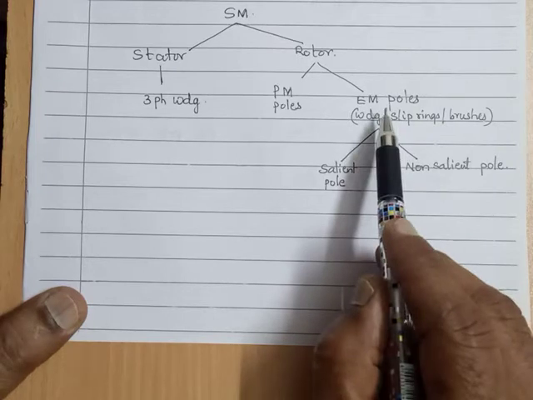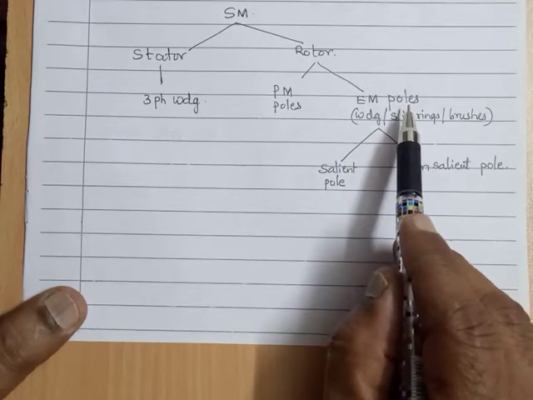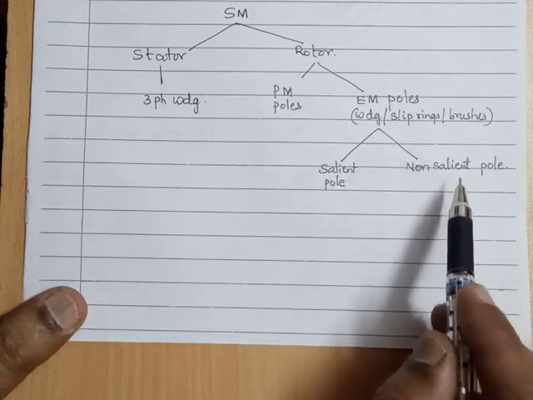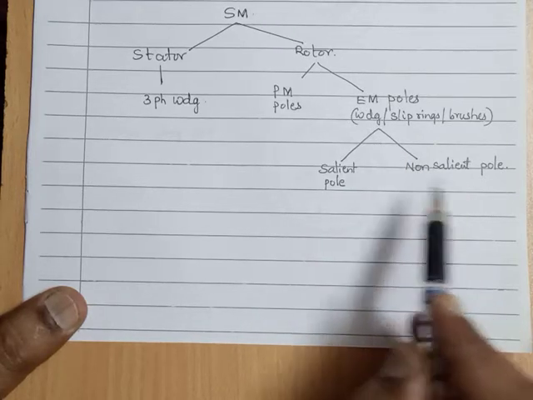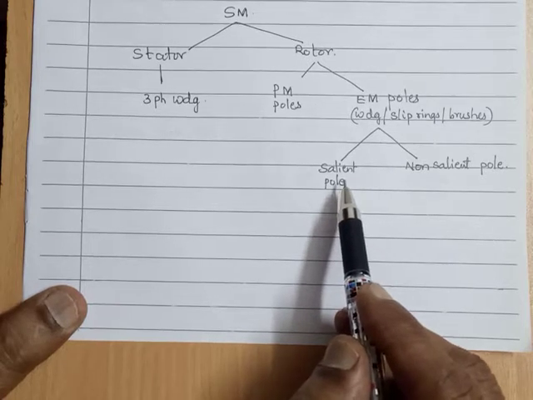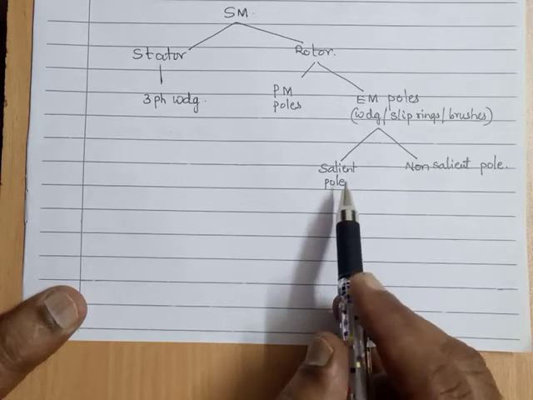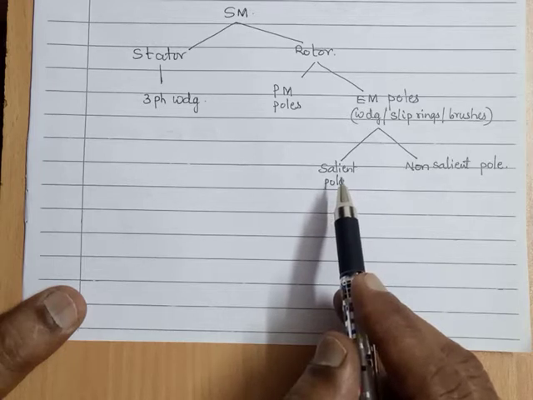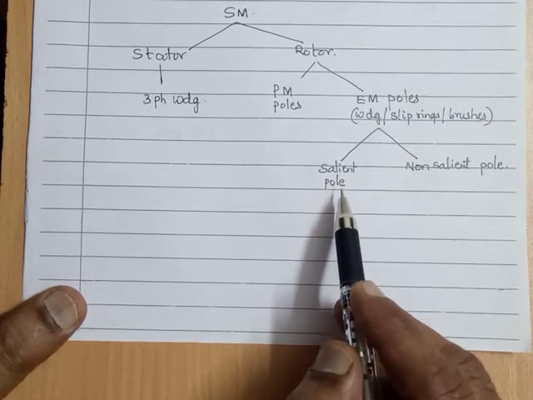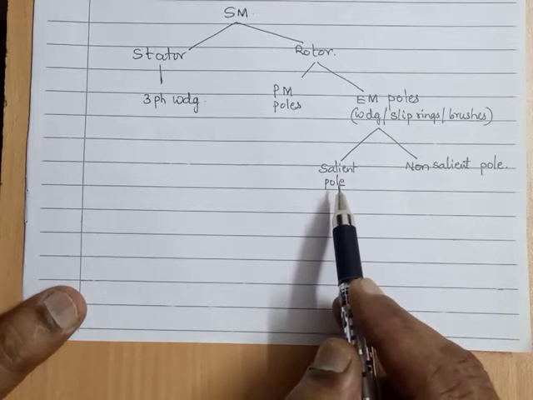Now, these electromagnetic poles can be salient poles or non-salient poles. Salient poles are the ones which are visible, which are protruding, which are specific, the moment I look at it, I feel, yes, there is a pole. That is the saliency. It is physically visible.